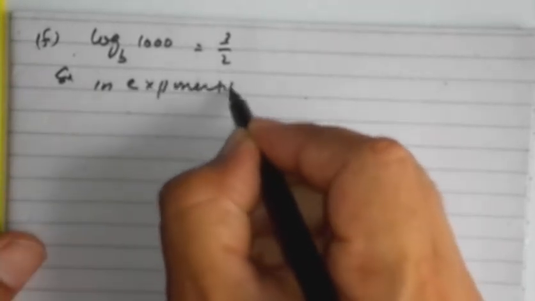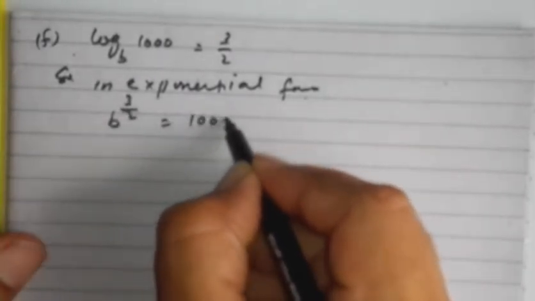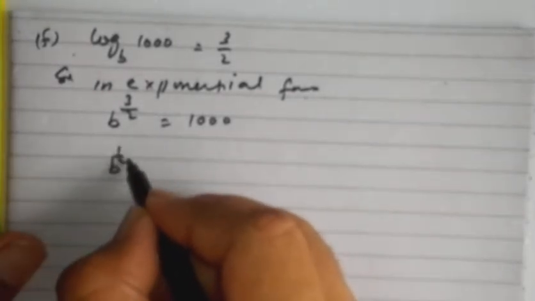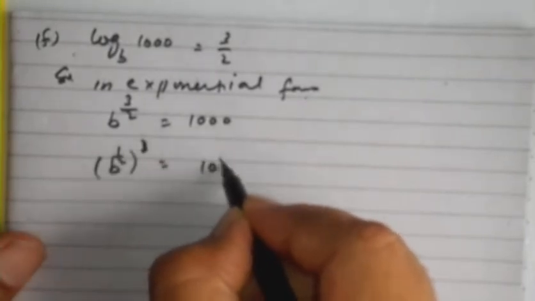F, log to the base b of 1000 equals 3 by 2. Solution, in exponential form, we can write b whole raised to power 3 by 2 equals 1000. We can write b whole raised to power 1 by 2 whole cube equals 10 whole cube.